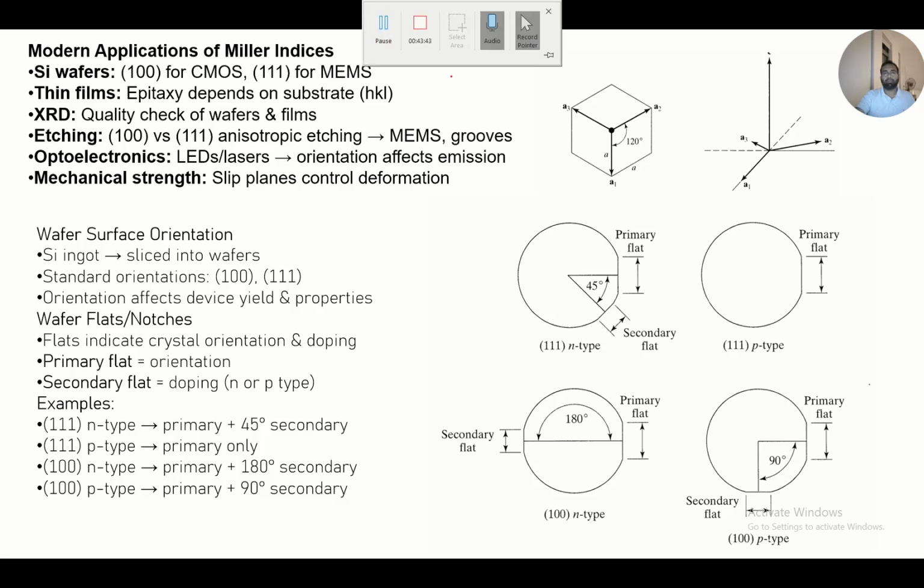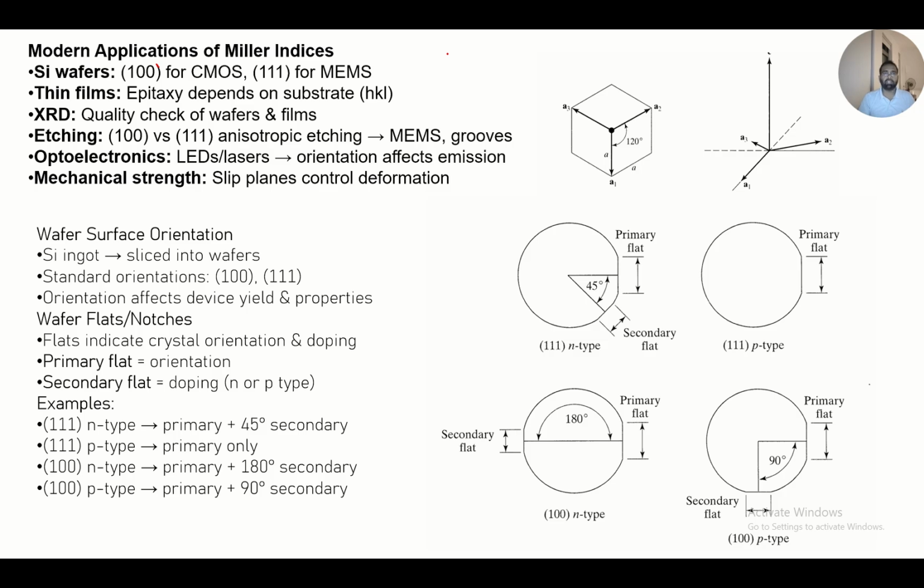So what are the applications of these Miller indices? The application of Miller indices is in device fabrication in electronics, CMOS or MEMS. Silicon wafers are actually kind of cylindrical, and then they are cut to create the base, and you get a very thin surface layer.